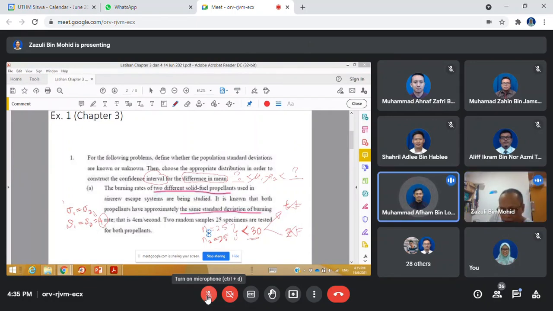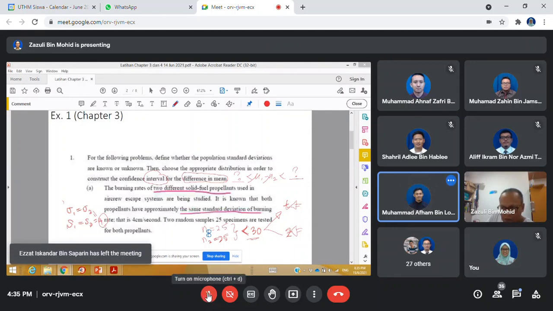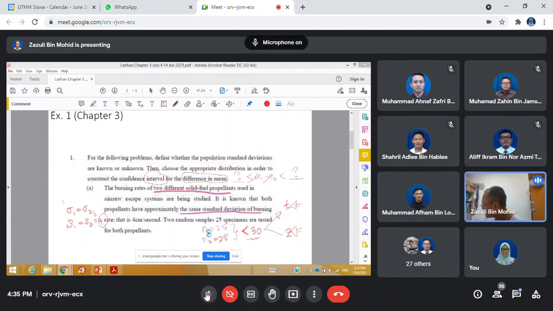Selalunya kalau population dia akan mention kan. Yalah. Ini dia tak mention, so assume. So unfortunately yang ini, before it asking or mentioning about the sample, it already mentioned about the standard deviation first.